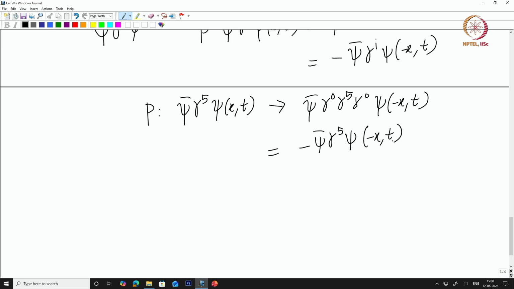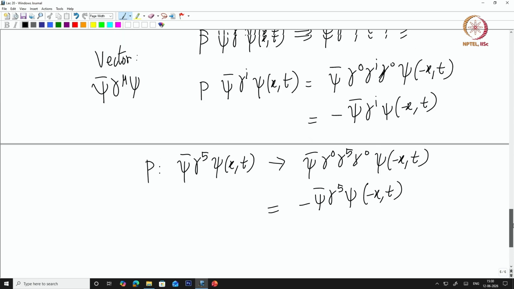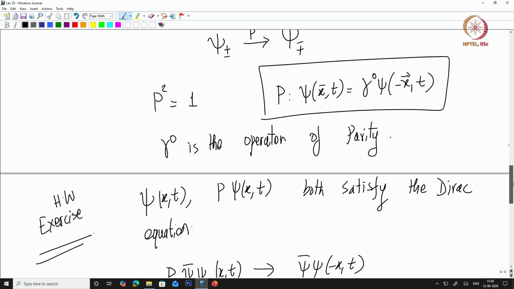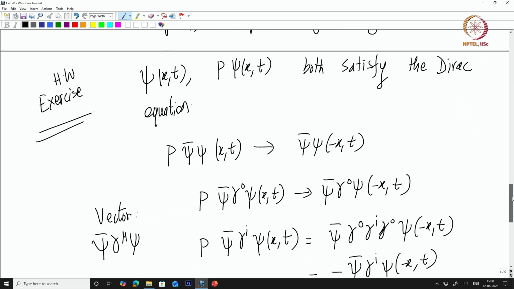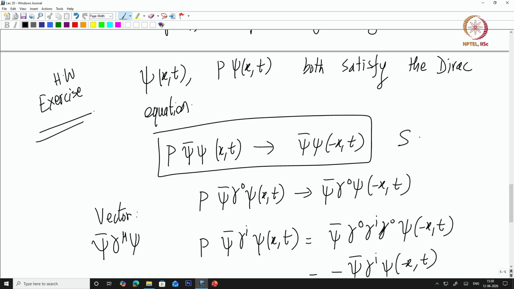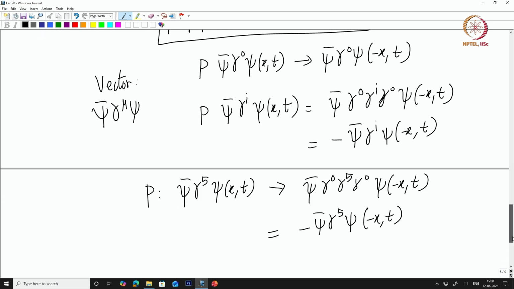This picks up a minus sign because gamma 0 gamma 5 gamma 0 gives you a minus gamma 5, as it anti-commutes with gamma 0. So, this is opposite to that of the scalar. For example, the scalar does not pick up a minus sign, the scalar current. So, the vector current.